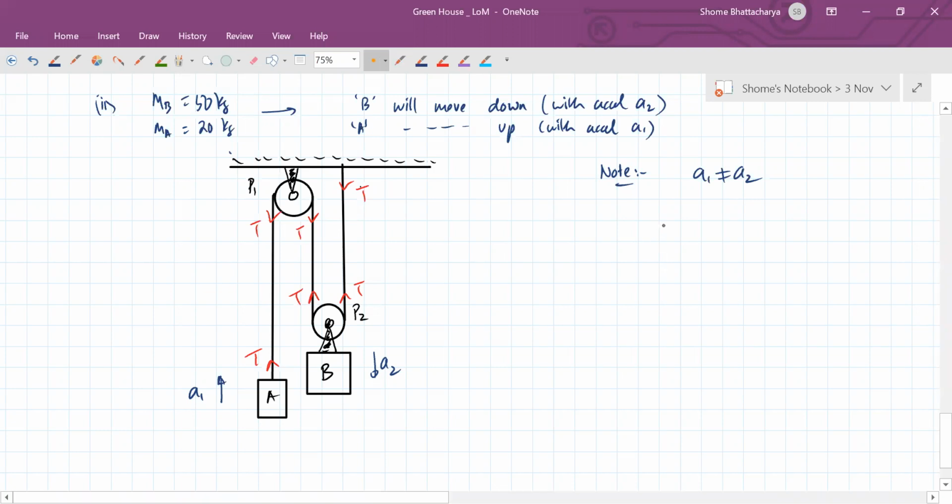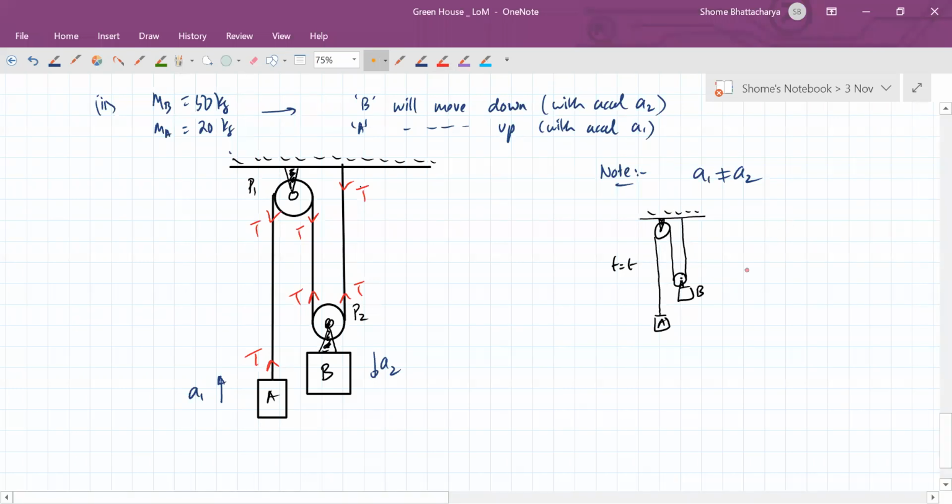So visualize this diagram which I am showing you now. This is where they started their motion from. A was here and B was here, at some time t, let's say.